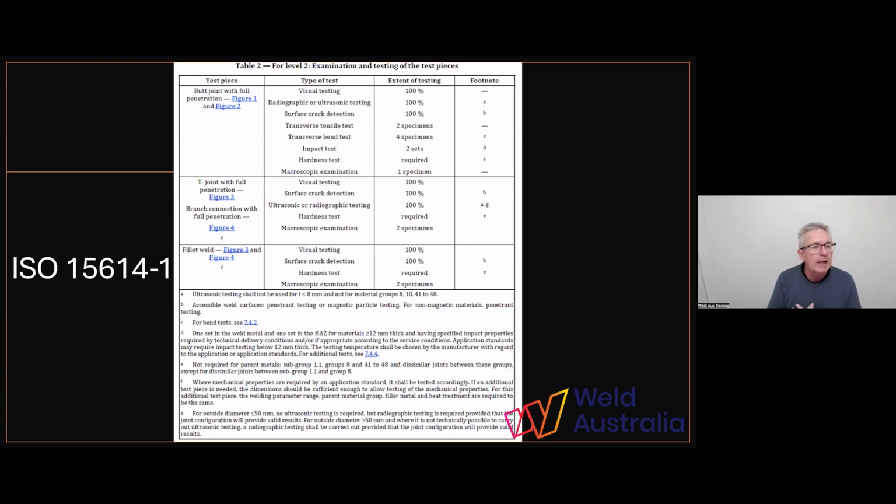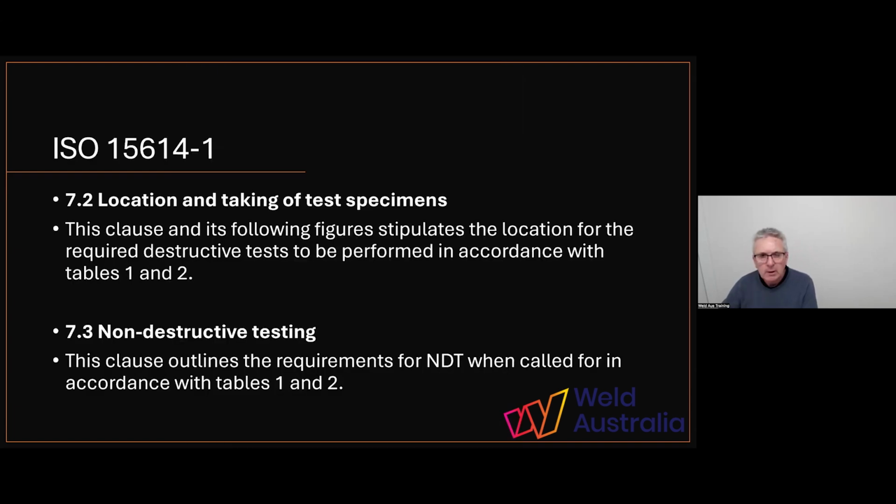So when we're looking at our document, for instance, first and foremost, we've got to determine basically what our materials are, and then we can determine the type of joint, what level it's at, and then verify that the extent of NDT or destructive testing has been performed to clarify that it complies. All right. So it says there, section 7.2, location and taking of test specimens.